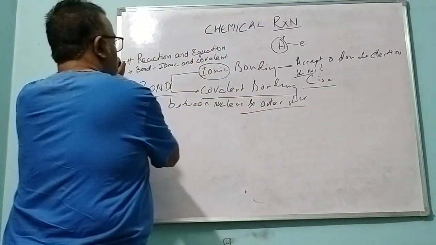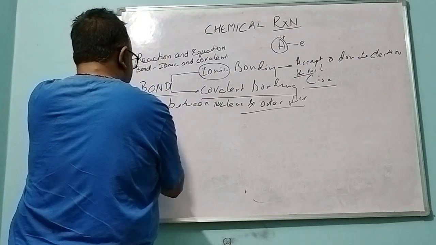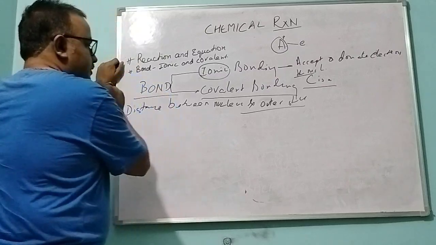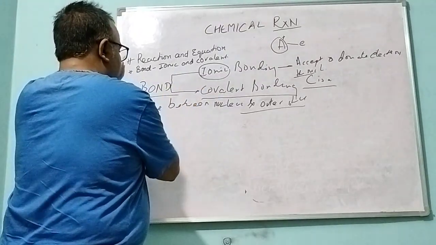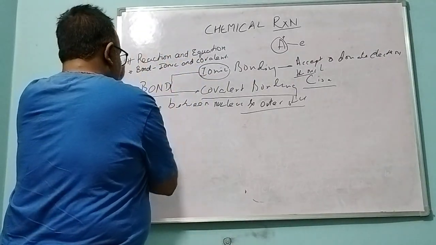If the distance is more, the bond strength becomes weaker. This can also be further explained when we will be doing osmosis. However, as I said here, if the distance between the nucleus and the outer shell is big, then in that situation the bond strength becomes weaker.